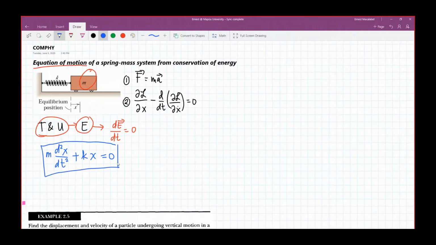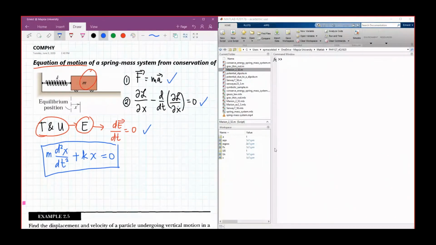So this is your equation of motion. If we do this, this, or this, which we already demonstrated before, how are we going to implement it in MATLAB?